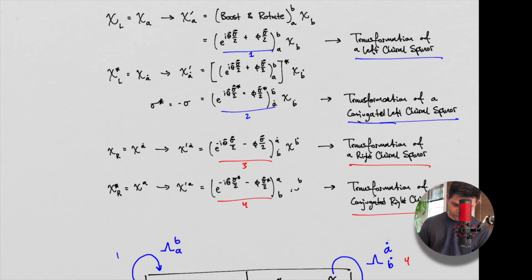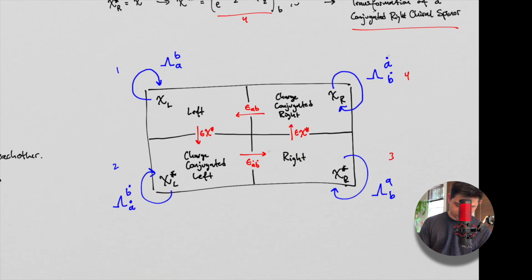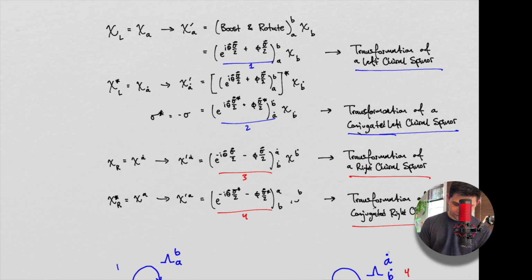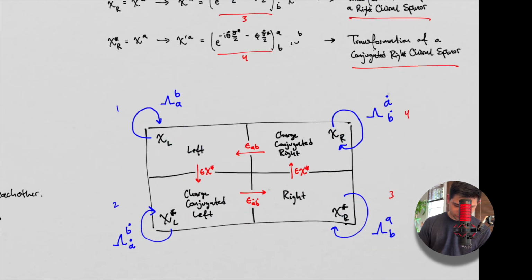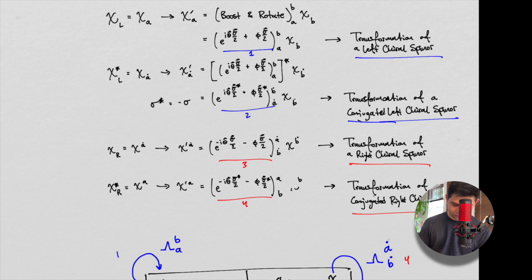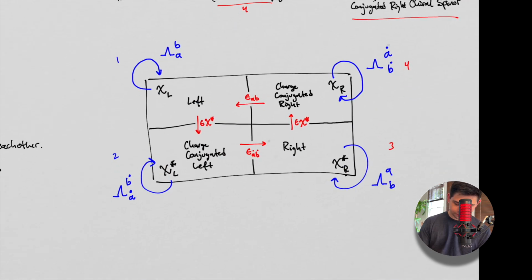Right, because for our left chiral spinor, these labels here are just the labels I put to match them up. So this is the picture we get. This is how we go to charge conjugate. This is how we go from conjugated to the right chiral spinors.